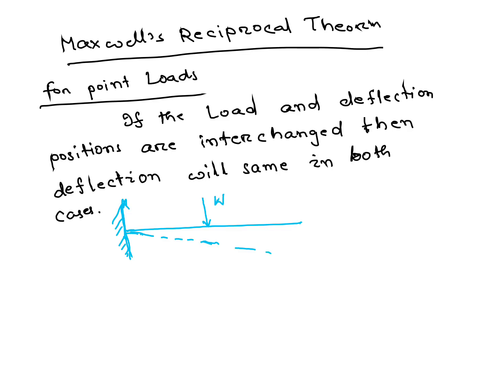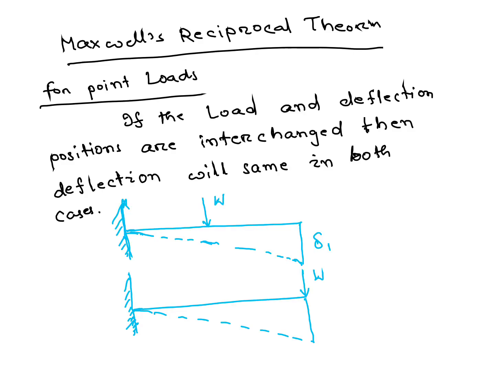here as delta 1, condition 1, and for the second case, if load and deflection are interchanged, it means W will come here and delta will come here in this position.